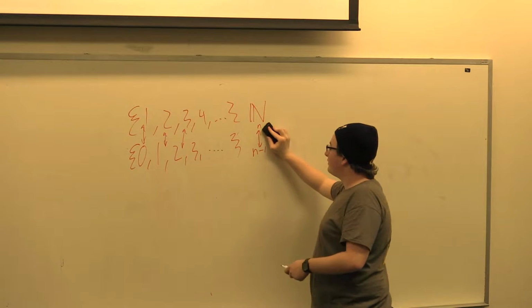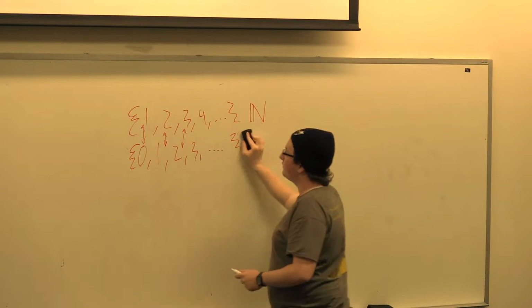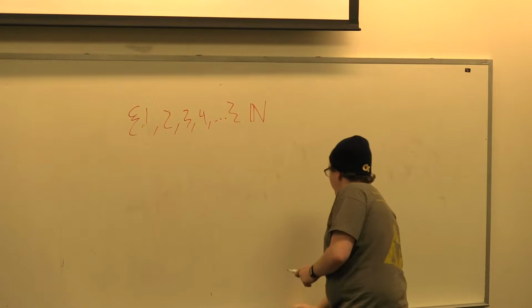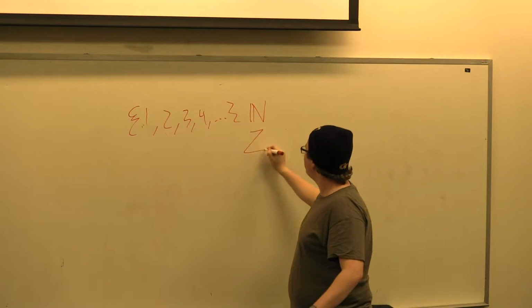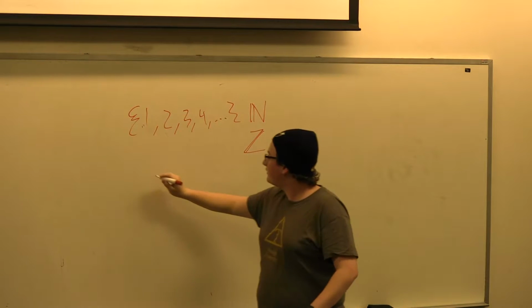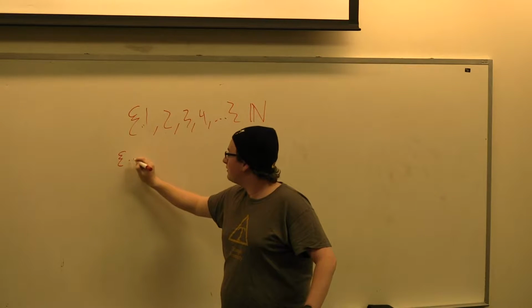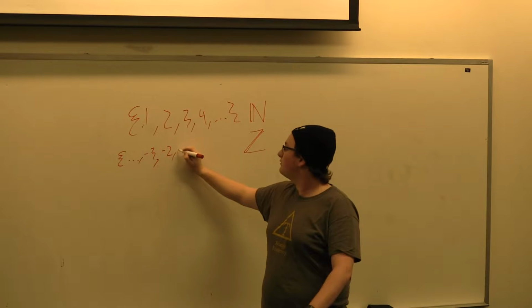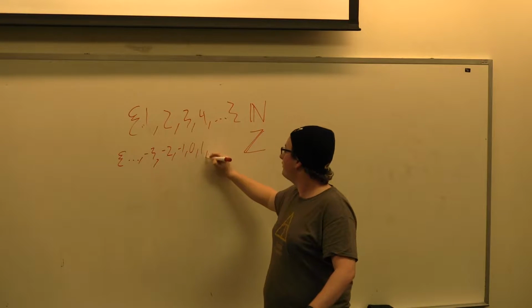For the next one, instead I am going to do the set of integers, Z. So that is the set -3, -2, -1, 0, 1, 2.